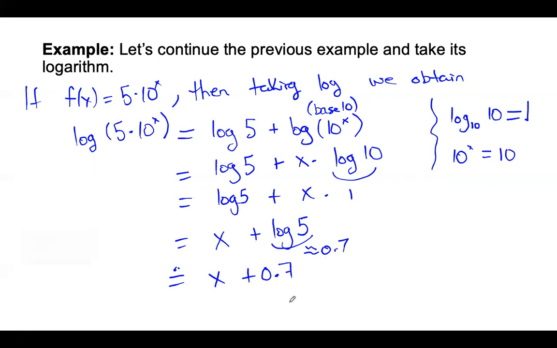So this is a linear function which we've studied before, so we could graph this. It's a little graph over here, up 0.7, and it's a straight line. So this is just that graph transformation. We took something that was a little difficult to graph, converted it to a log, and it's a linear graph, so it's much easier to graph.